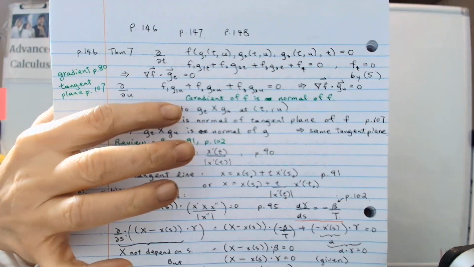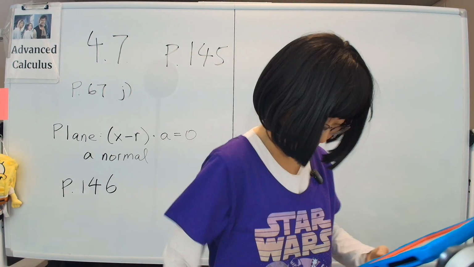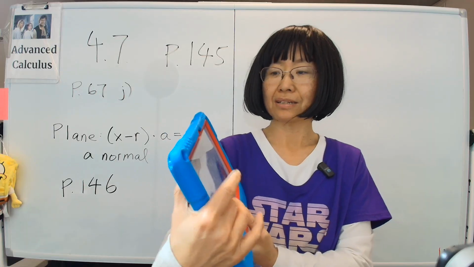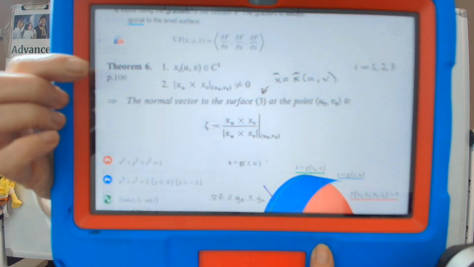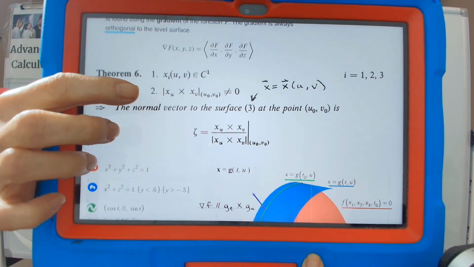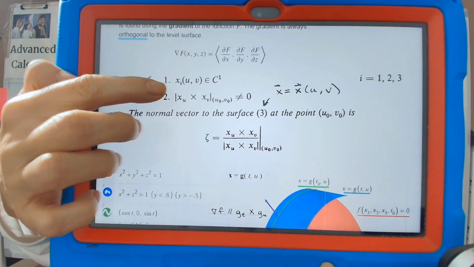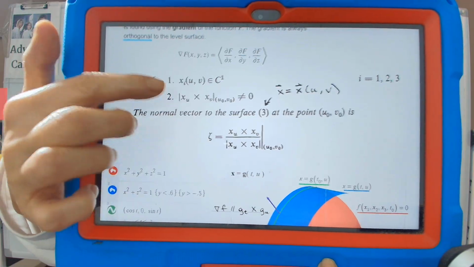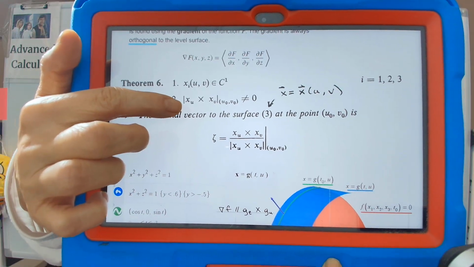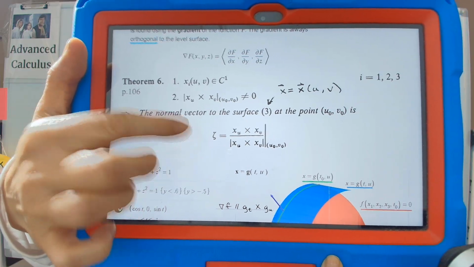Well, what is GT cross GU? GT cross GU, as we mentioned in theorem 6, on page 106 of your book, is the normal. If you have the parametric equations, when you take the partial derivatives and cross them, that is the normal vector of your surface.